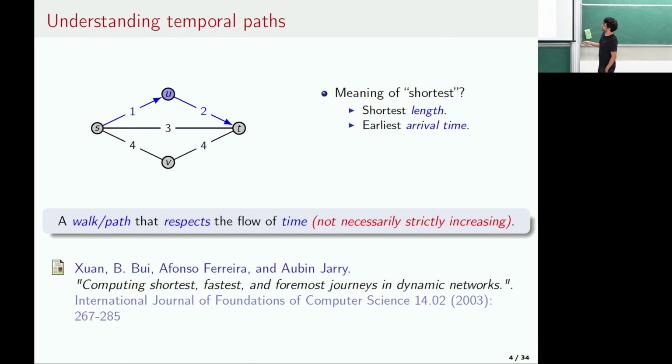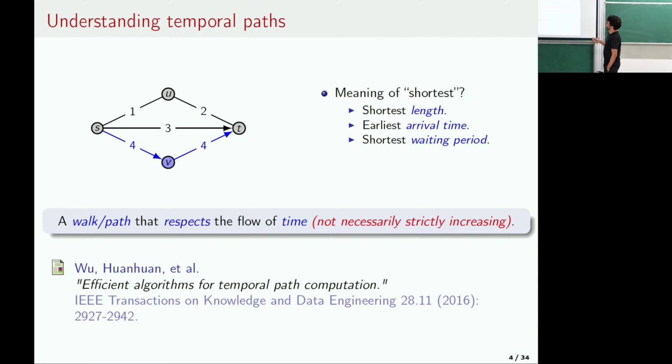I can also talk about earliest arrival time, if my goal is to get to my destination as soon as possible, independently of how many connections I have to take. And I can also talk about shortest waiting period, meaning that I don't want to be stuck in a vertex waiting for my next connection for too long. So in this case, this path using 4 and 4 is the best one if this is the metric that I want to optimize.